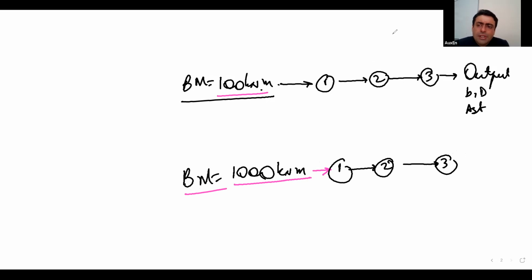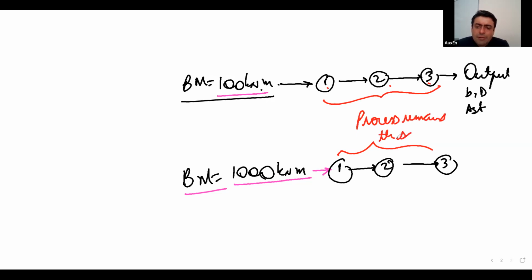This process won't change, isn't it? Therefore, we are calling it the algorithmic process. These steps 1 to 2 to 3, the process remains the same, irrespective of any change in these design action values.